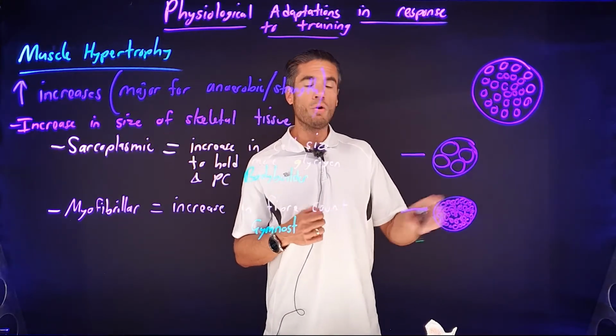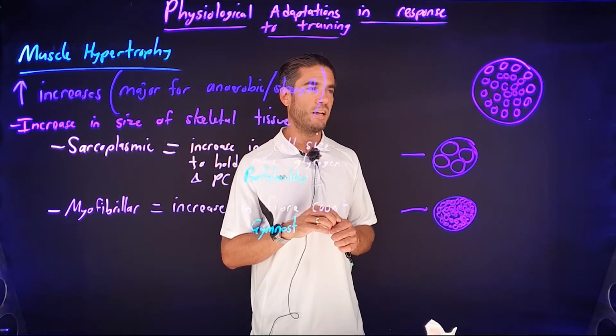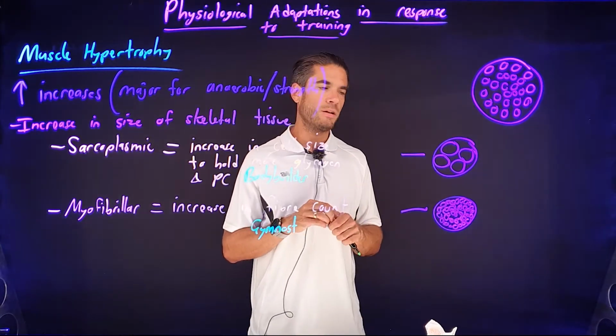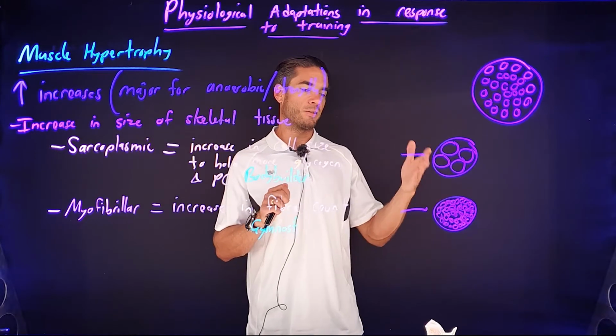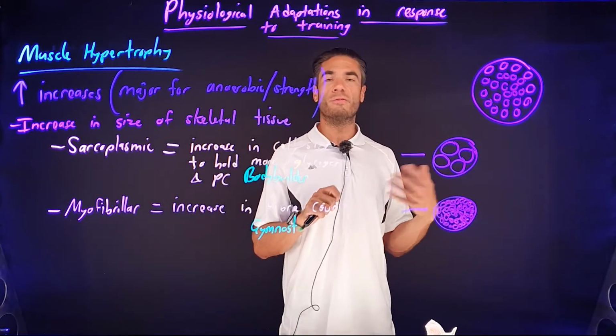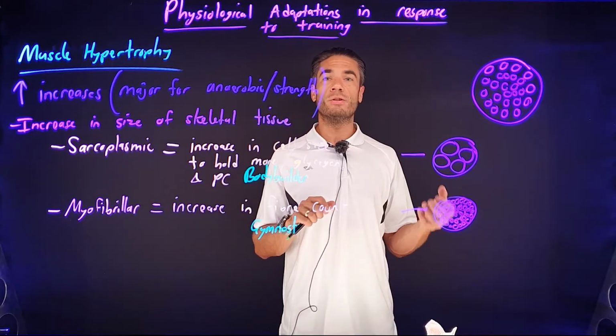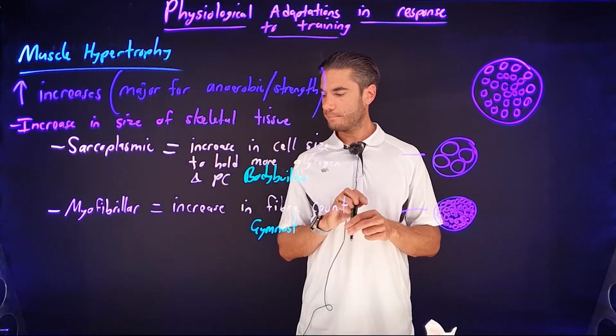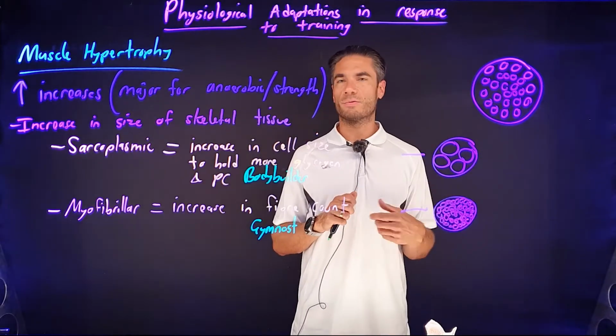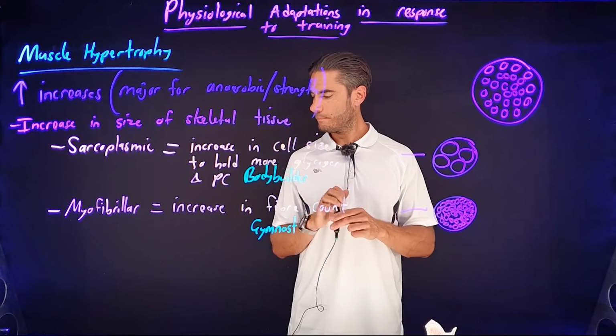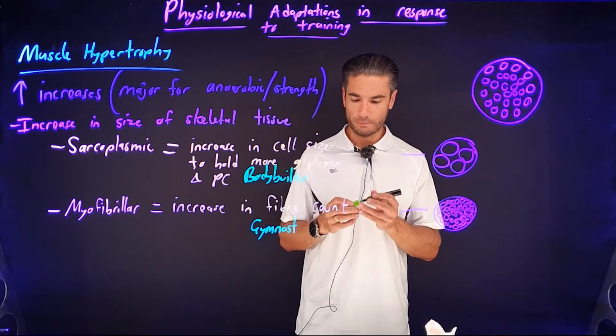Myofibrillar though, we've got more fibers now within our original bicep. So therefore it is able to work for a longer period of time before fatigue sets in, simply because you've got more fibers to recruit. Either way, the muscle size increases, hence hypertrophy. Cool, one to go.